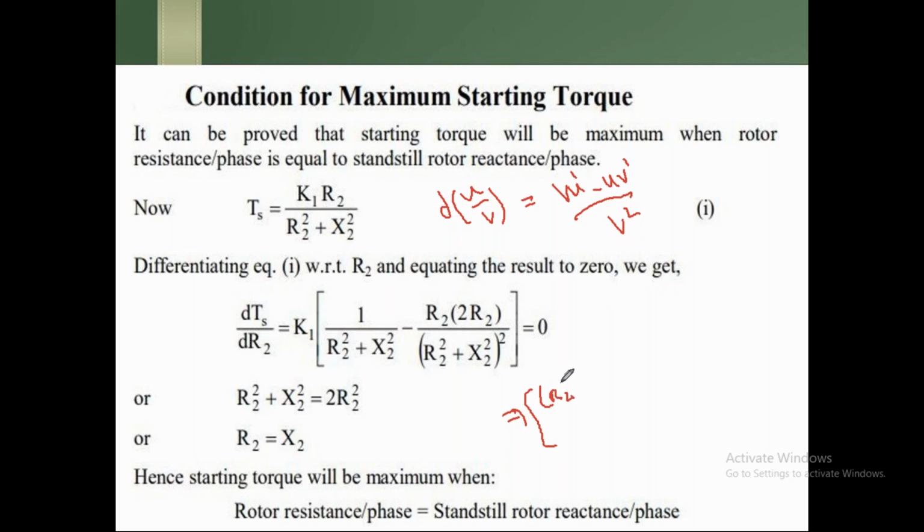R2 square plus X2 square into U dash. U dash means the numerator, so you will get 1, minus U into V dash. So U is R2 into V dash, meaning the derivative of the denominator R2 square plus X2 square. X2 is constant, so it becomes 0, and for R2 square you will get 2R2.